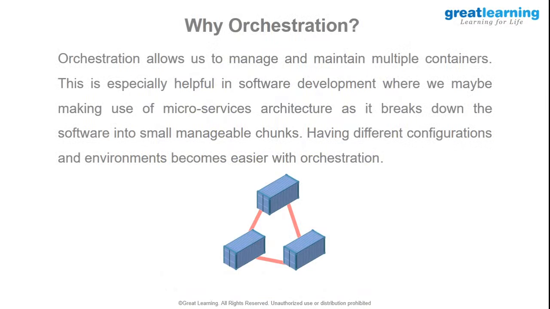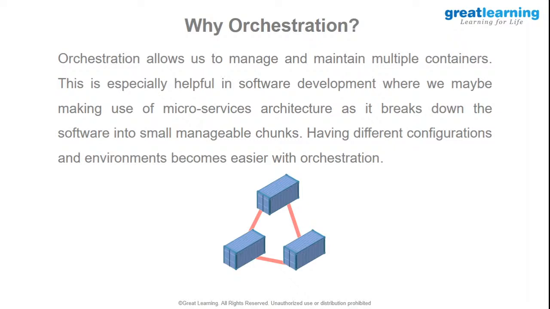Orchestration allows us to manage and maintain multiple containers. This is especially helpful in software development where we may be making use of a microservices architecture, as it breaks down the software into small manageable chunks. If you have a software, you divide it into smaller manageable chunks so that you can manage the whole software easily. Whenever there is a problem, you can go to the root of that problem instead of searching the whole software itself.